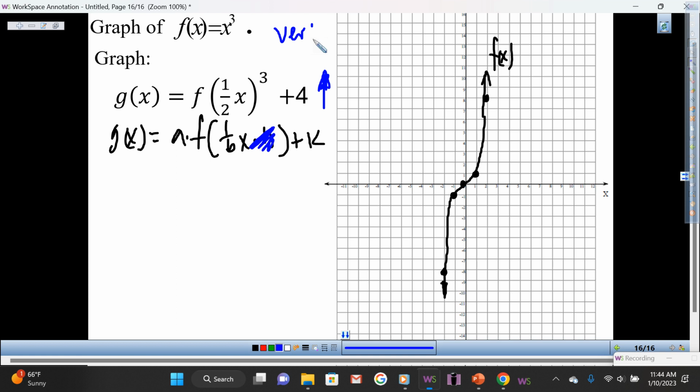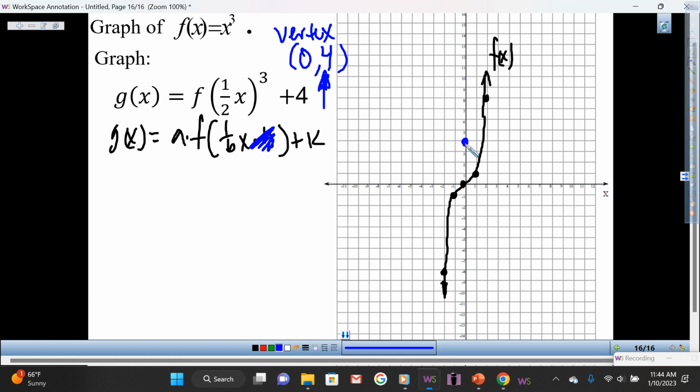Tell your neighbor, our new vertex according to those things that we just saw. New vertex. All right, new vertex. Jessica. 0, 4. Hands if you got that. That is correct. So it's going to move from here, 0, 0, to 0, 4 right there.